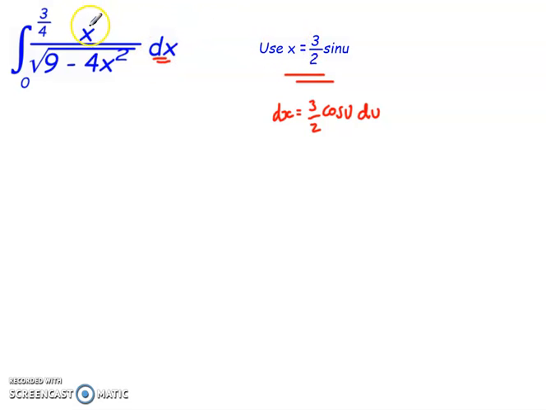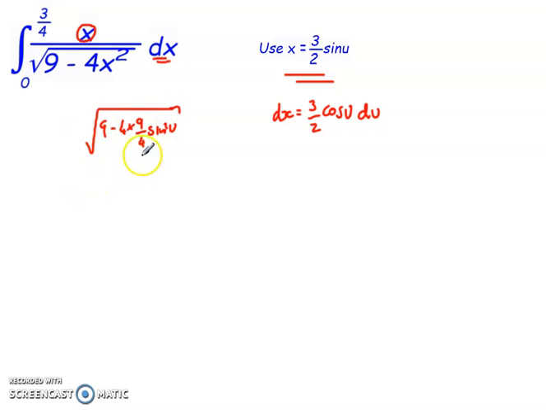I can use this and substitute it in on the top here, and I'm going to do the same on the bottom. But this bit on the bottom is going to simplify. So if we focus on simplifying it, I'll get 9 take away 4 times this squared. If I square the top and the bottom of this fraction, I'll get 9 over 4, and then sine squared u.